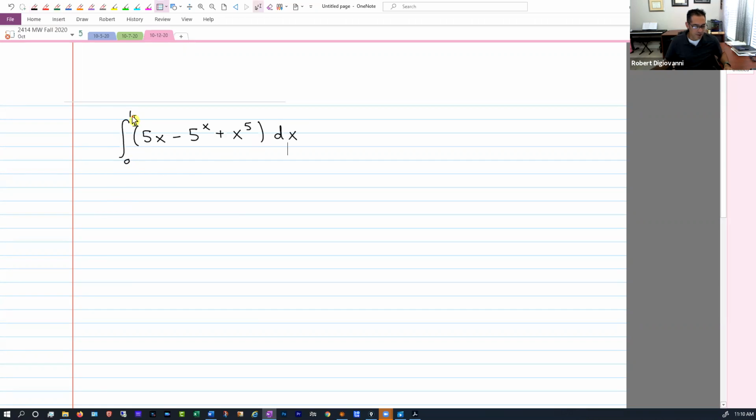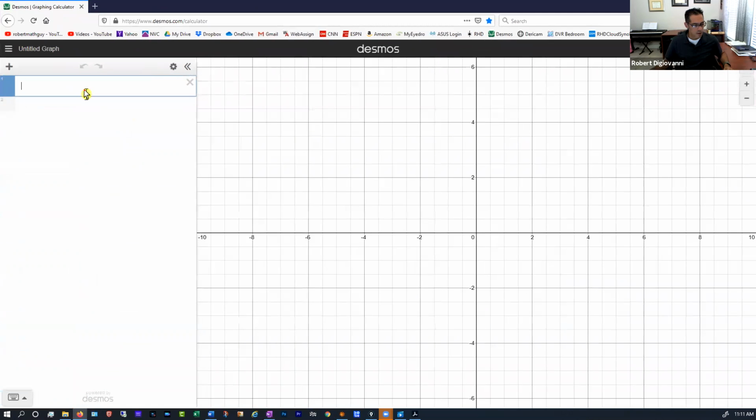And we're looking between 0 and 1. I'm going to graph that real quick, because I just made up this problem on the fly here. So 5x plus 5 raised to the x plus x raised to the 5th.